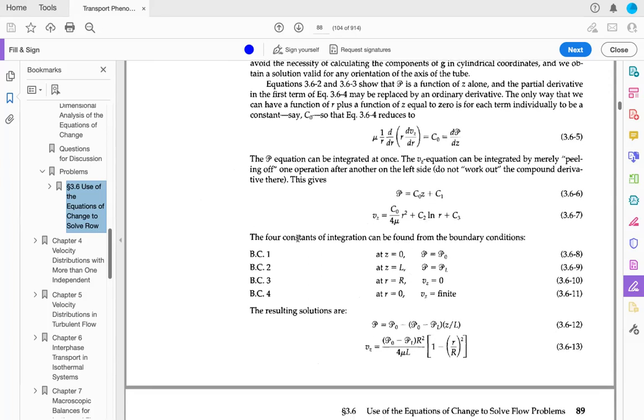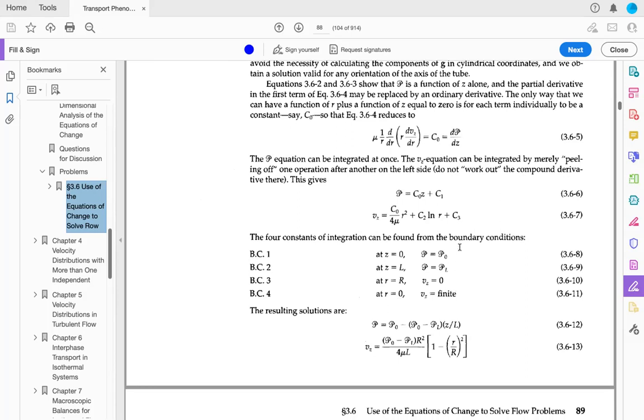We have 4 boundary conditions: at z equal to 0, p equal to p0; at z equal to L, p equal to pL; at r equal to R, v equal to 0; and at r equal to 0, φz is finite.